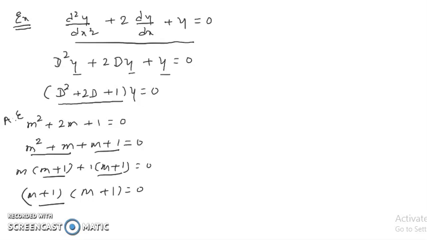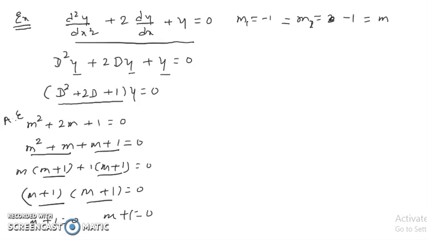So we are getting two factors which are the same. If I equate both factors to 0, I get m plus 1 is equal to 0 and m plus 1 is equal to 0. So m is equal to minus 1 and m is equal to minus 1. Both roots m1 and m2 are the same, so I can consider this simply as m.